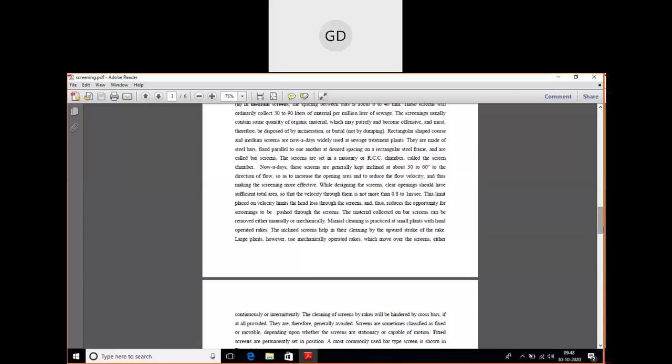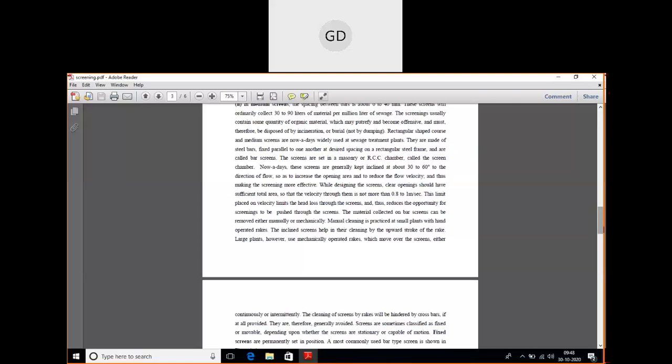These screens get clogged very often because their perforations are very small, so they need frequent cleaning.